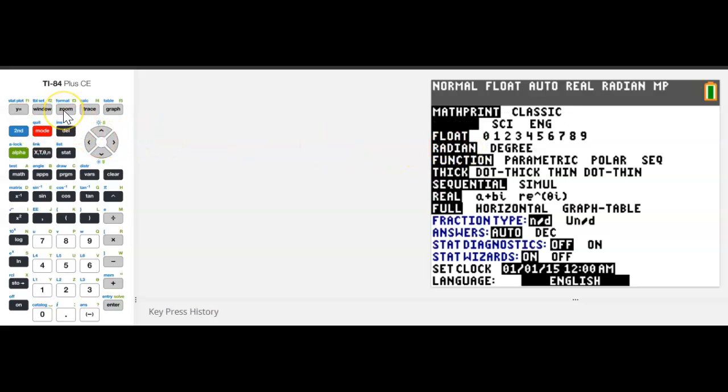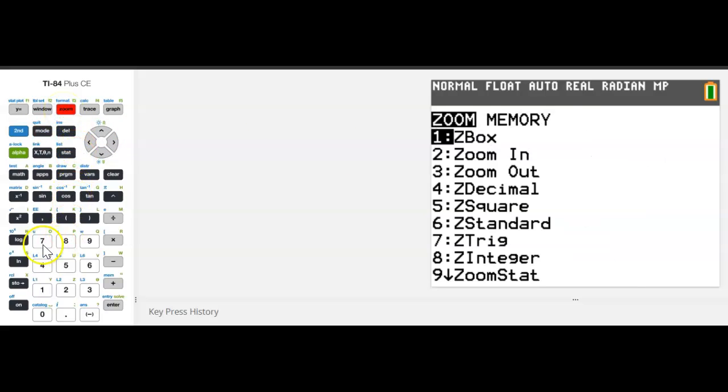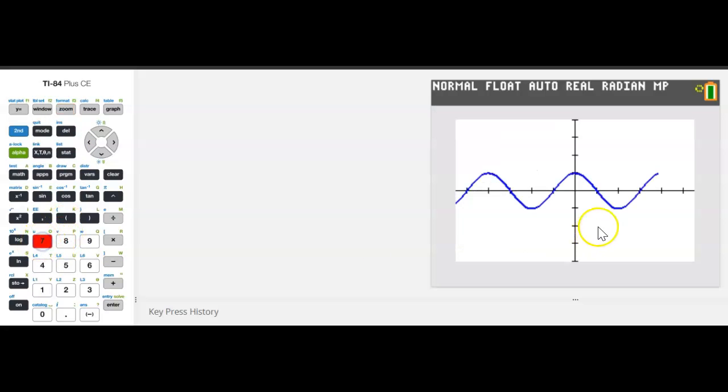And we can use the zoom feature. Choice 7 will give us a trig graph, which means our x-axis is set up in multiples of pi, and we are interested in this area of the graph where they intersect and create regions.